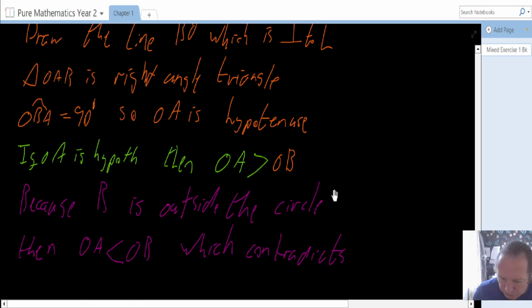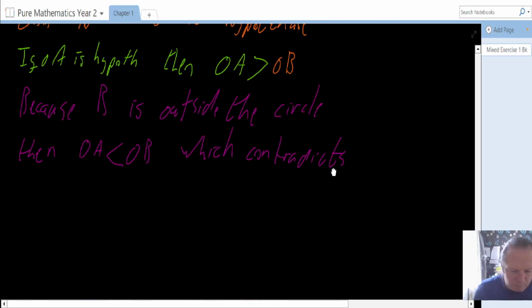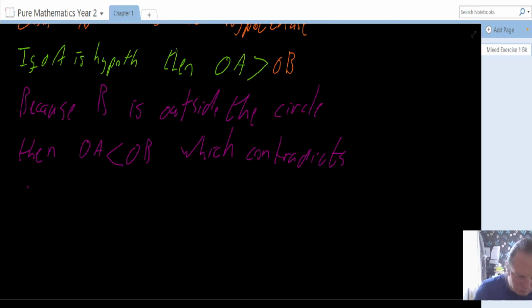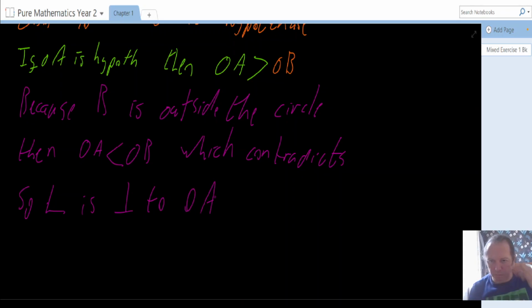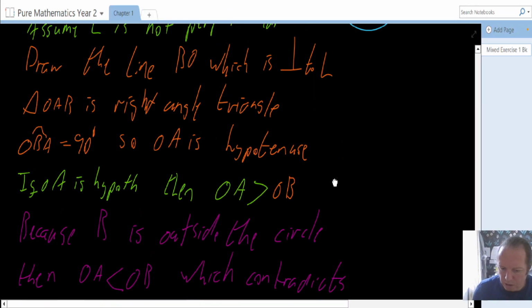Because we've got that contradiction, we can say L is perpendicular to OA, because it does make it the smaller one.